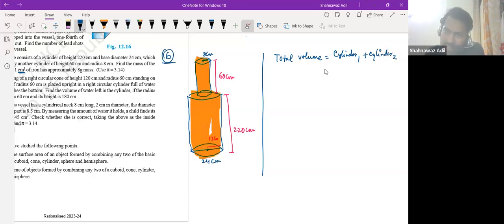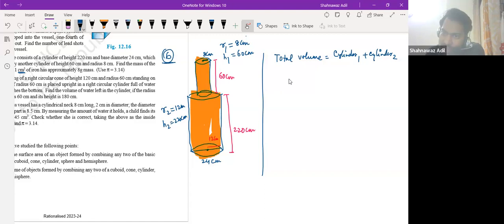For cylinder 1, we have R1 which is 8 centimeter, H1 which is 60 centimeter. For cylinder 2, we have R2, which is 12 centimeter, H2, which is 220 centimeter.